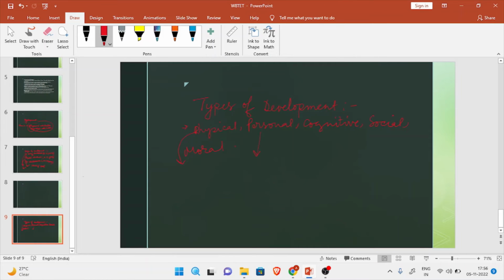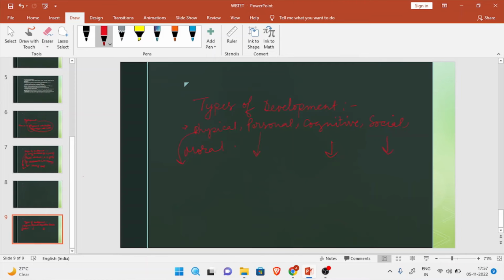This development is about how we explore our individual personality changes. Cognitive development is the ability to think and reason. This is known as cognition, and the development of these abilities is known as cognitive development.